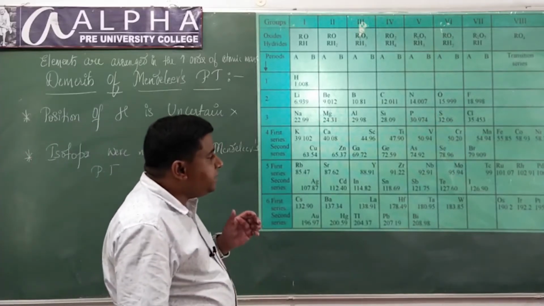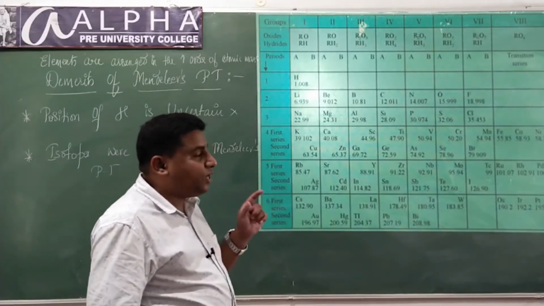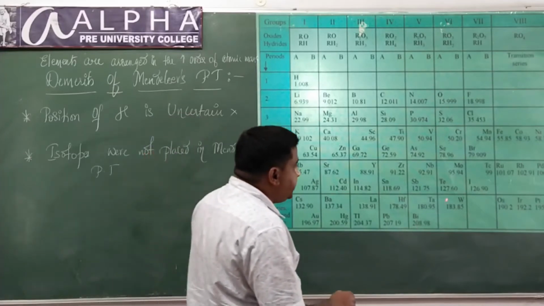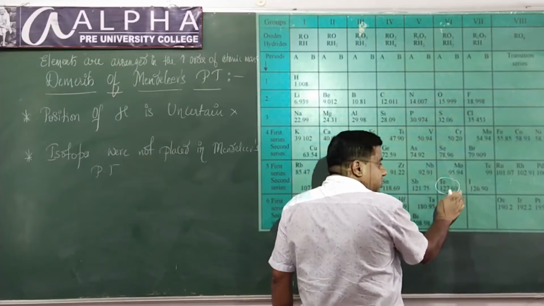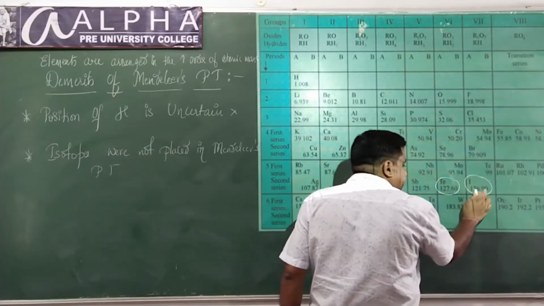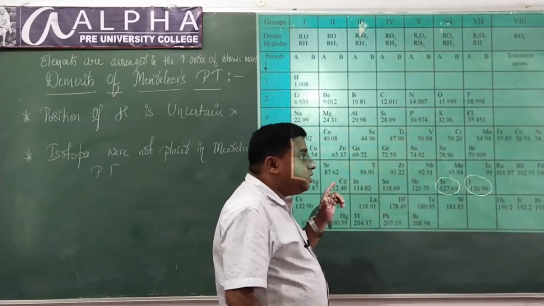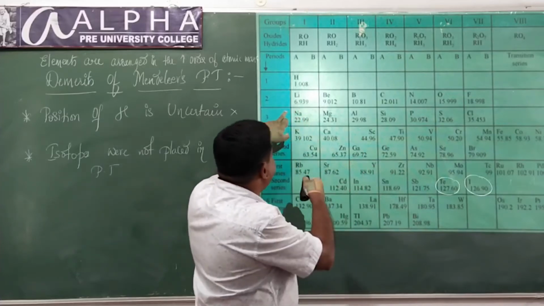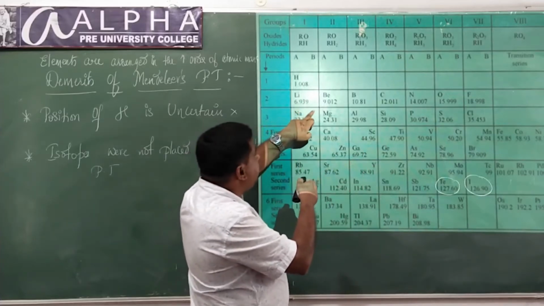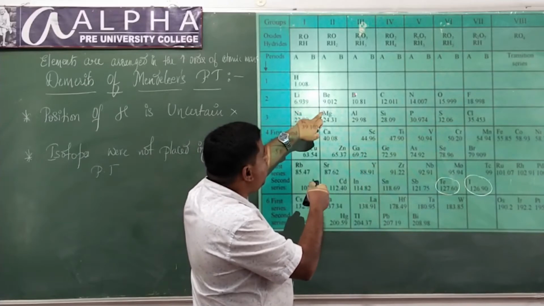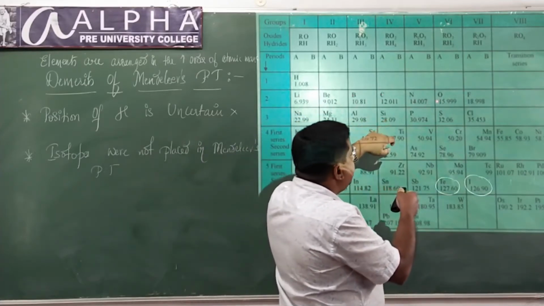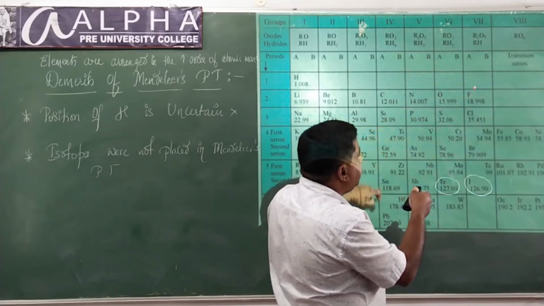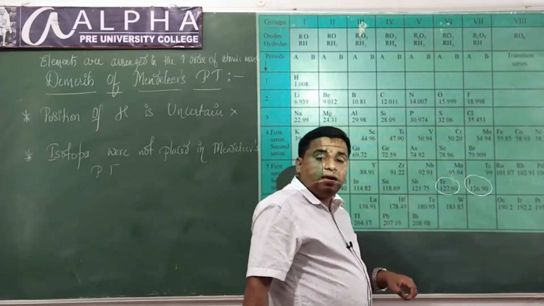So if elements are arranged in the increasing order of atomic mass strictly, look at these two elements. We have tellurium 127.60 and iodine 126.90. Look here, lithium 6.939, beryllium 9, boron 10.81, carbon 12, nitrogen 14, oxygen 15.999, fluorine 18.9998.